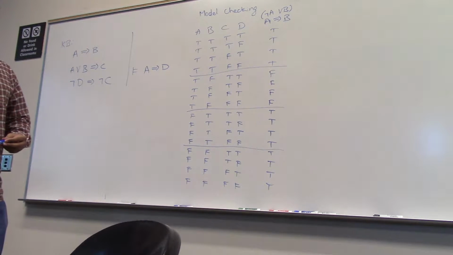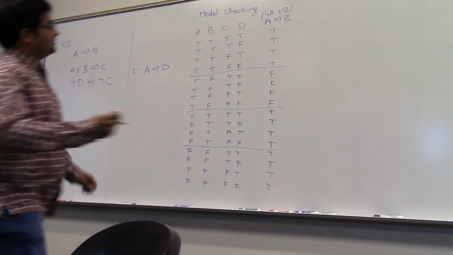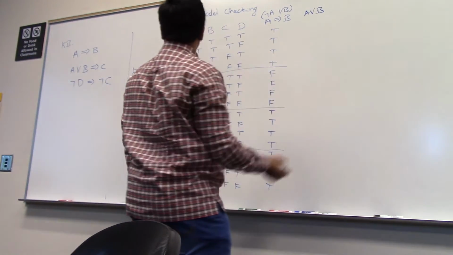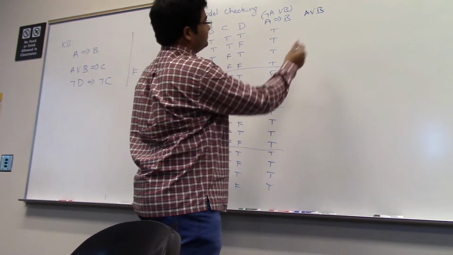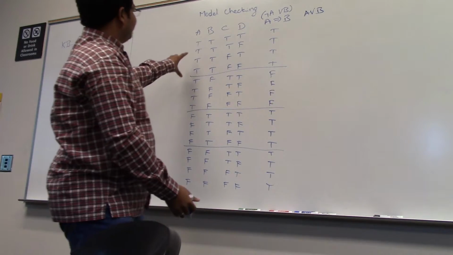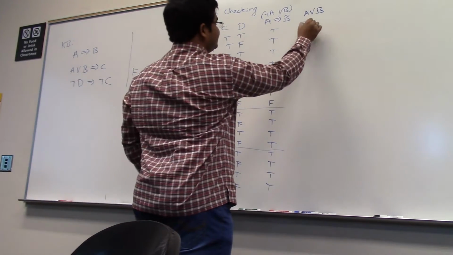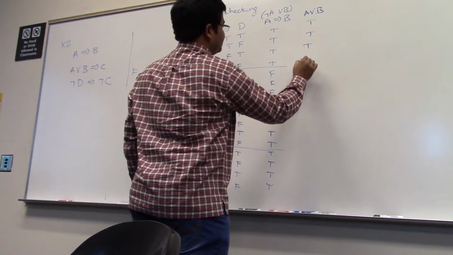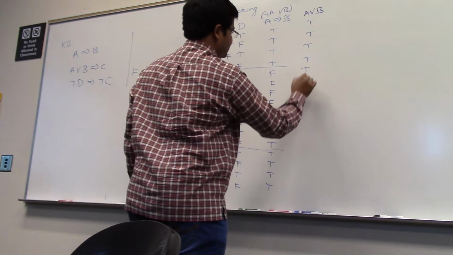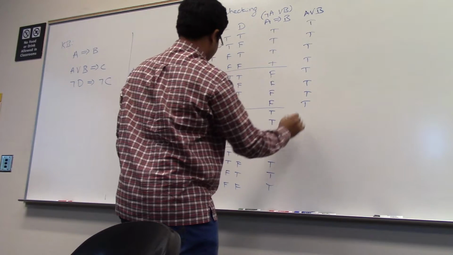Okay, so now we need to do A or B, C. Let us just do A or B first. Then we have these. It's only not true for the last four.